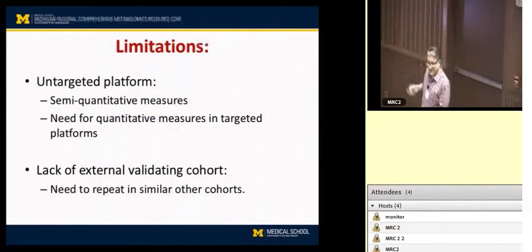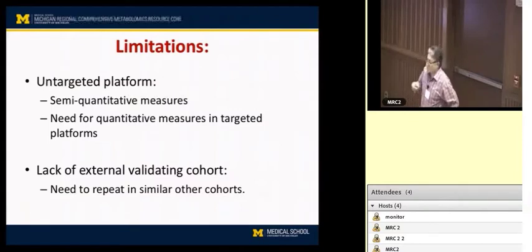So this study, of course, has limitations. The major limitation of this study is the application of an untargeted approach. We just proposed what the biomarkers could be. The measurements are all semi-quantitative. We do not have absolute concentrations.